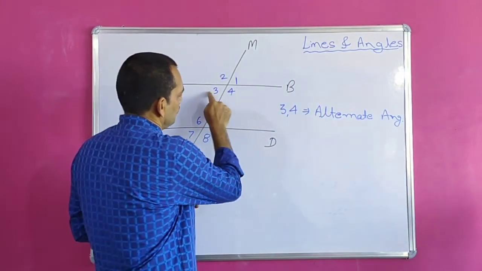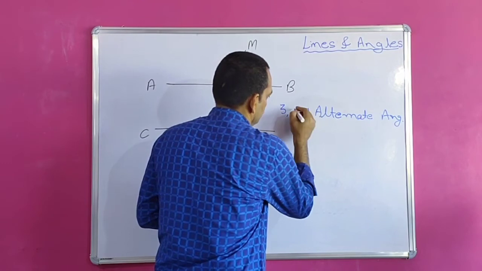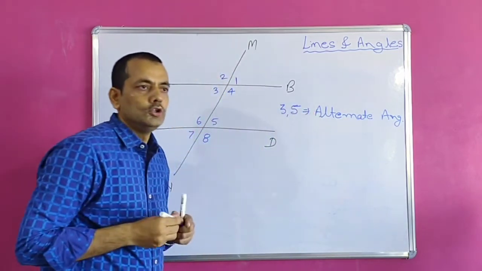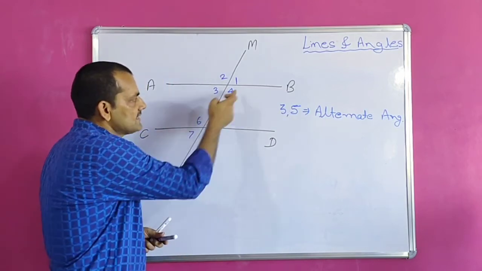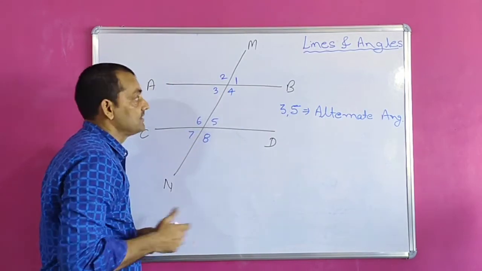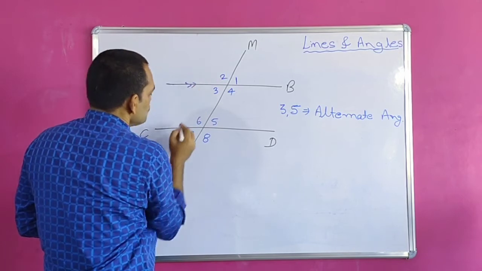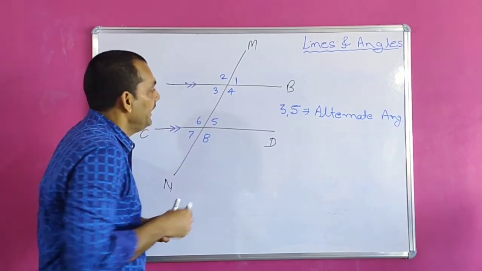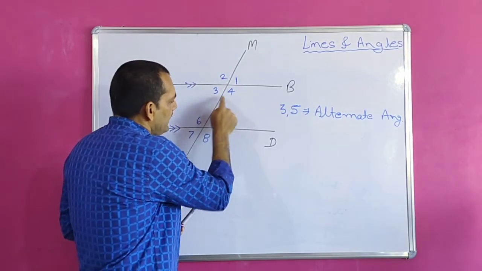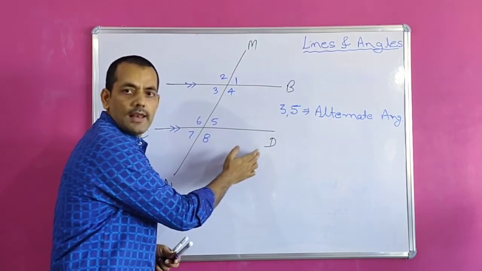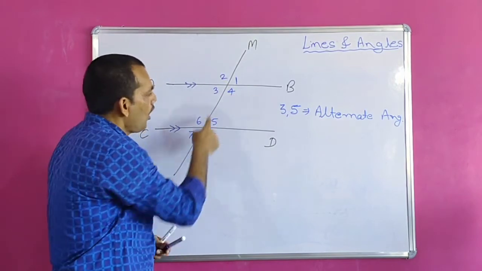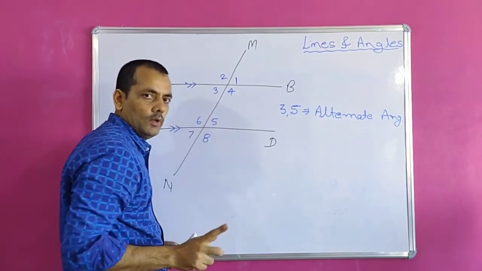Sorry, not 3 and 4, 3 and 5. So 3 and 5 are alternate angles. Similarly, 4 and 6 are also alternate angles. If these two lines are parallel, then these alternate angles are equal. So in the case of parallel lines and one transversal, alternate angles are equal.